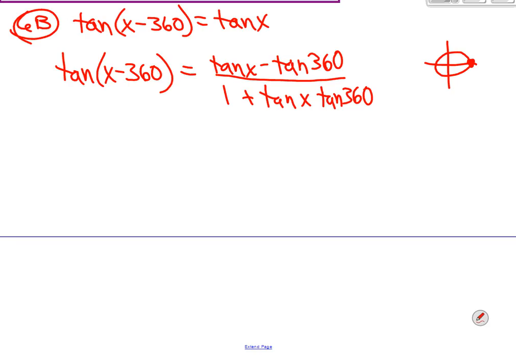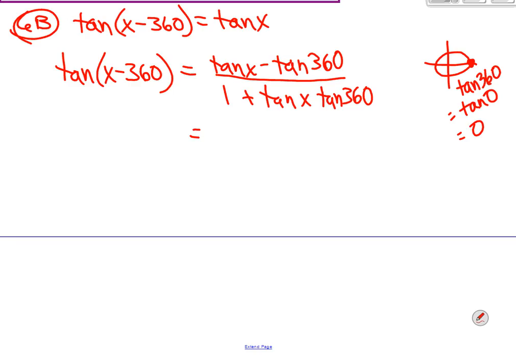Yeah, so I can say that the tangent of 360 is equal to the tangent of 0. And what is the tangent of 0? 0. The tangent of 0 is 0. So any place I have tangent of 360, I'm just going to replace that with 0.